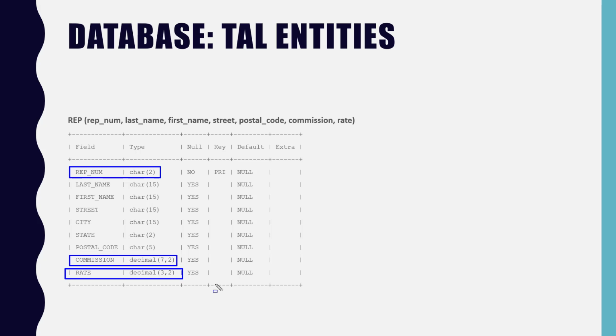So what's the largest number it could hold? 9.99. Yeah, 9.99. Yep. 9.99. Why so small? Yeah, it's your commission rate, right? So most people's commission rate is like 0.1 or 0.2 or something like that, right?